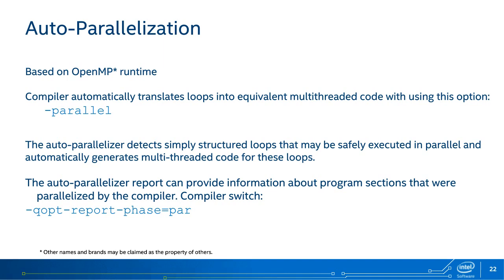And in order to check what the compiler actually did, you can always invoke the optimization report and double-check what was done by the compiler and where you can spend more effort in order to vectorize or parallelize the loop and get even better performance.